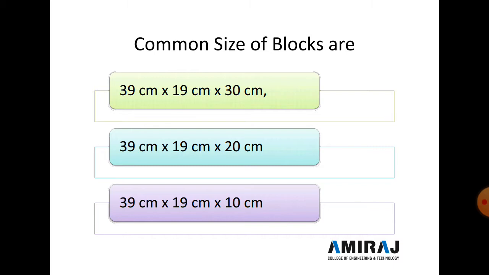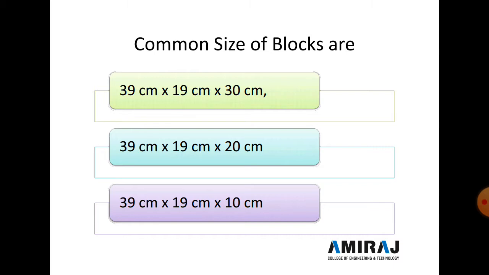Here three sizes are given, and we can also prepare a block as per our required size. It only depends on the size of the mold. If we prepare the mold as per our dimensions, we can prepare a block as per our dimensions.